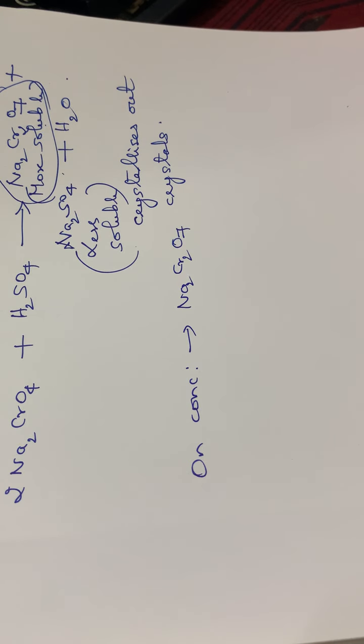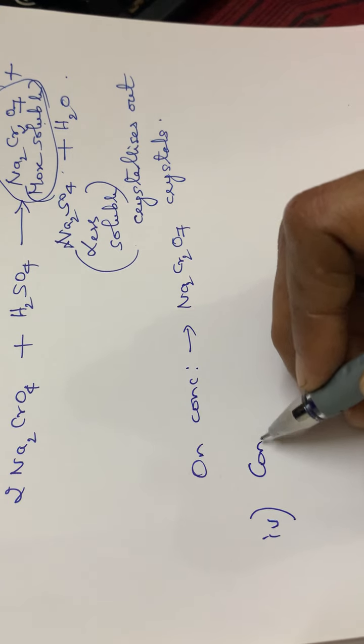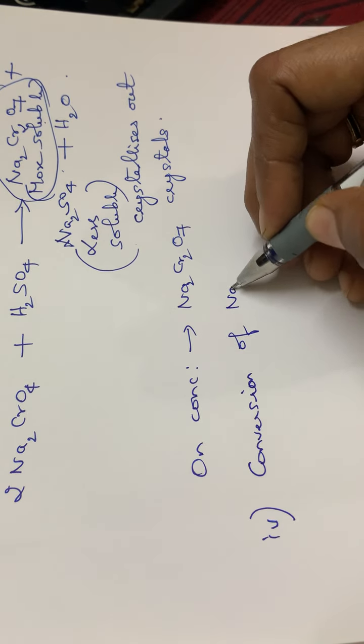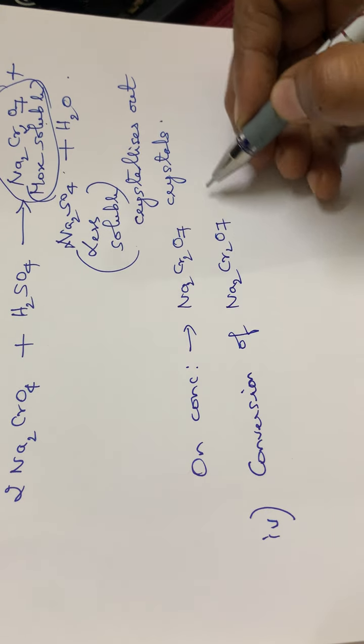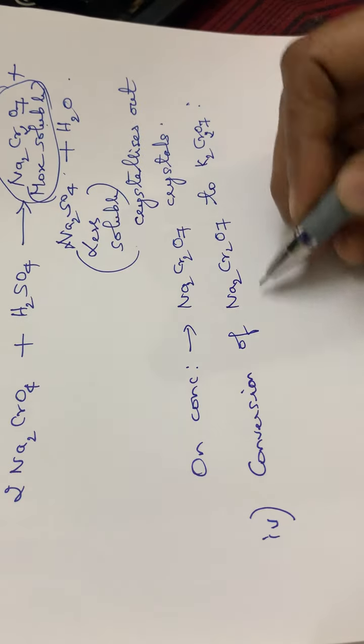And in the last step, that is the fourth step, conversion of sodium dichromate to potassium dichromate, K2Cr2O7.